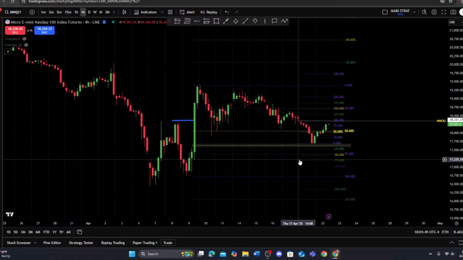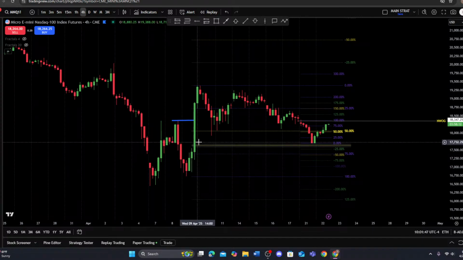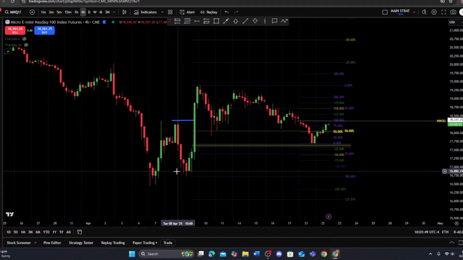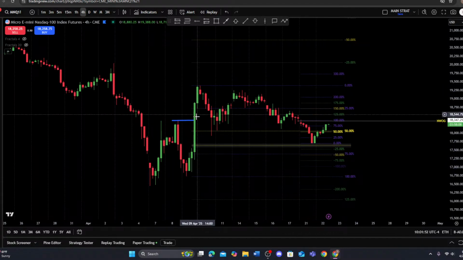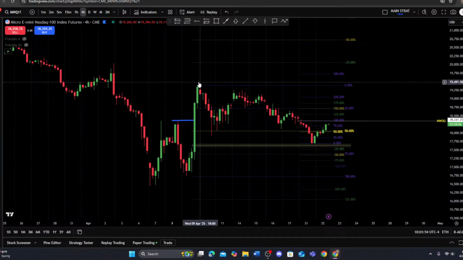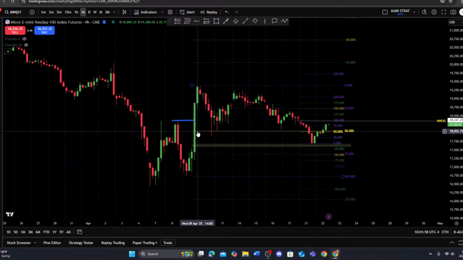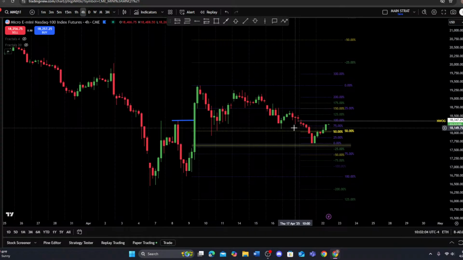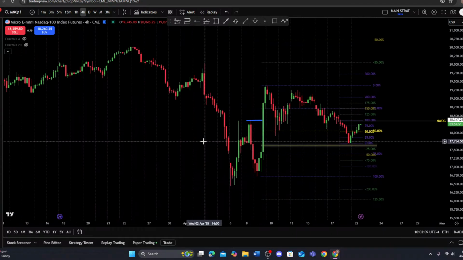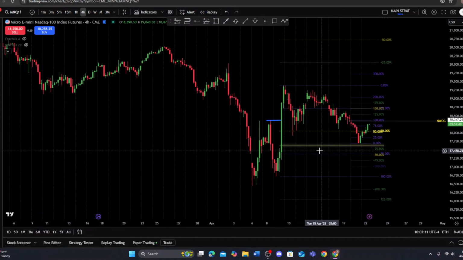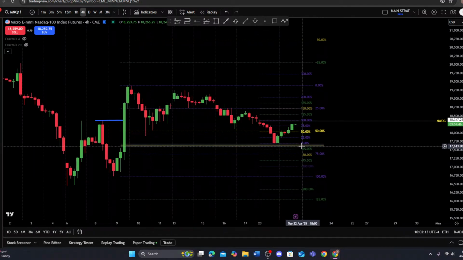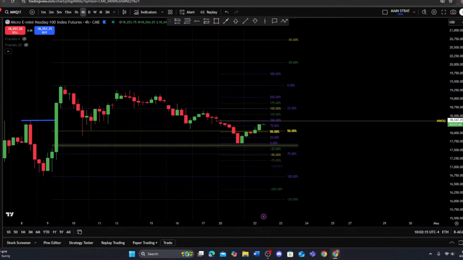But right now, either we're going to break down and start attacking the lower end of the range. But the fact that we had a lot of consolidation here, just trading inside this range, kind of leads me to believe that the market at this particular point could still go higher, start moving bullishly.